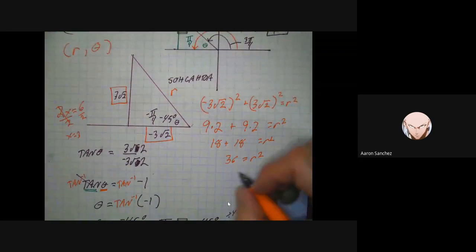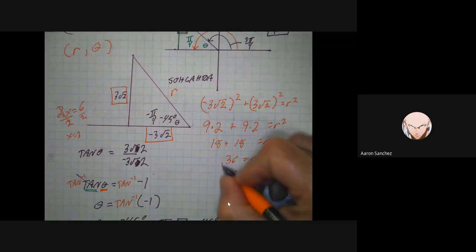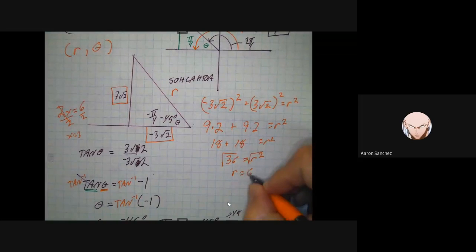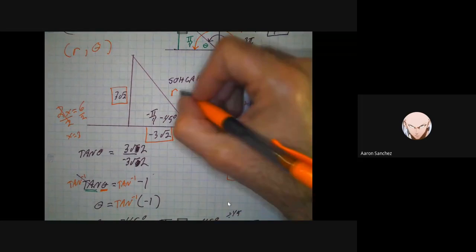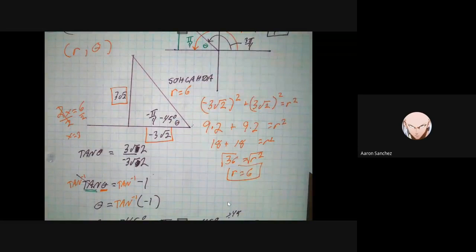So r is the square root of 36, r equals 6. So we have r equals 6. Is that too fast? Pythagorean theorem.